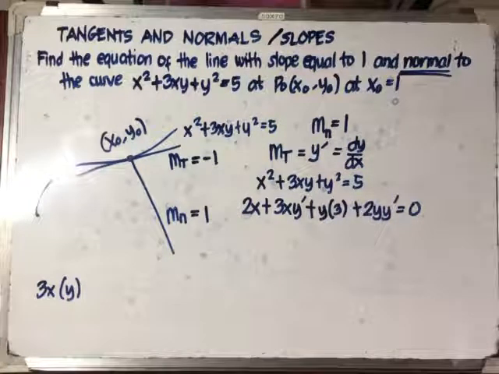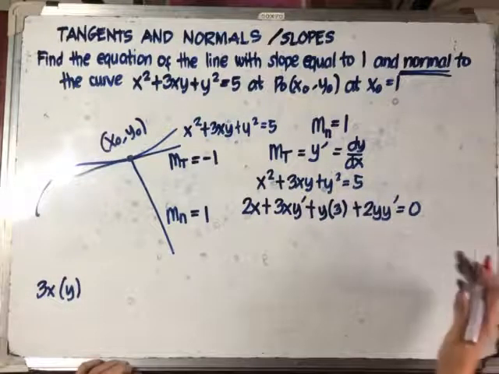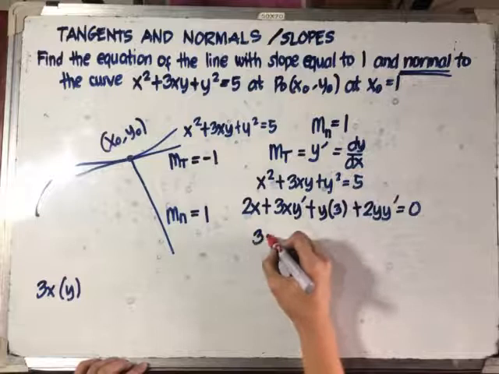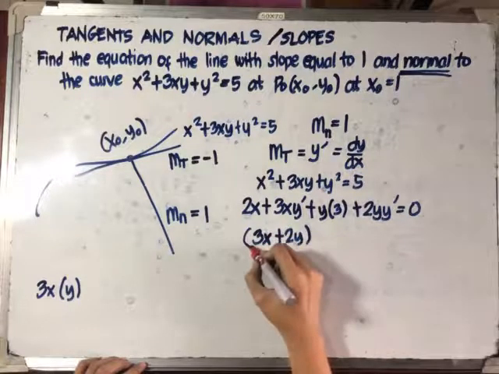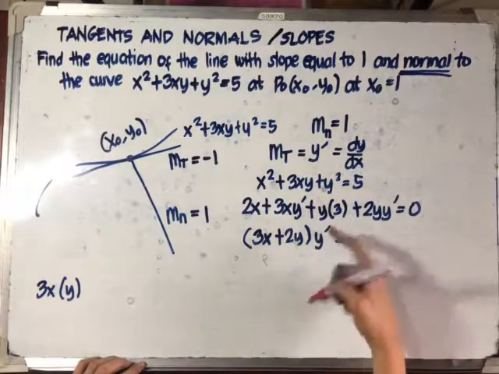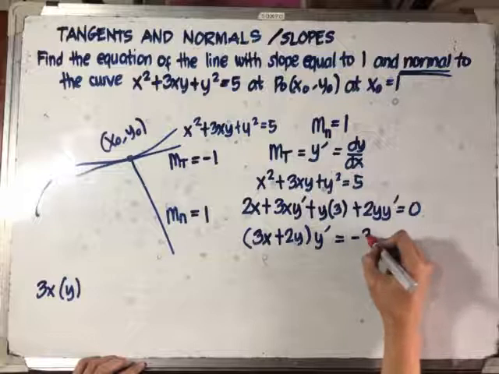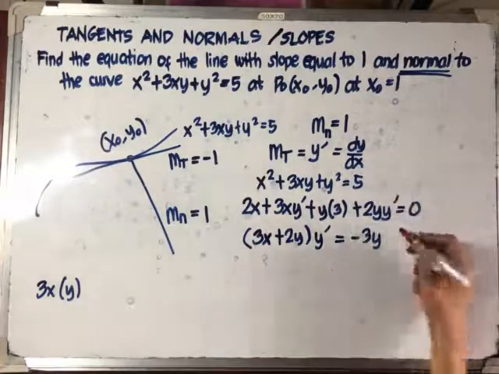So, let's arrange the terms with y prime on the left side and transfer those without to the right side. This would be 3x plus 2y, with y prime as the common factor. I transfer negative 3y to the other side, and negative 2x also.